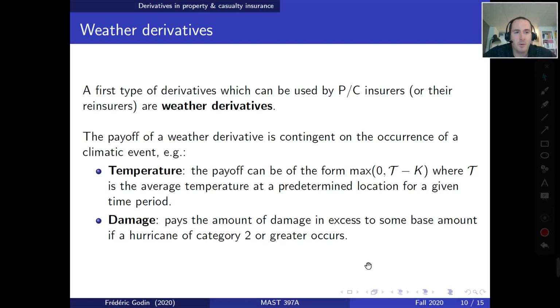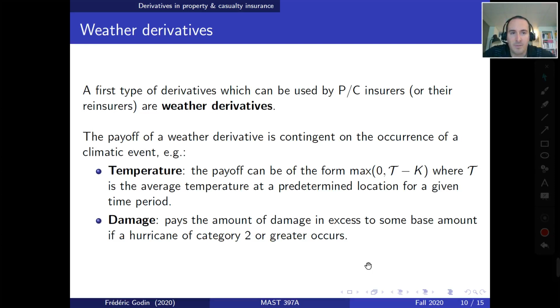Okay, so do property and casualty insurers use derivatives? The answer is yes, but not necessarily the same ones as the life insurers. We saw that for life insurers, the benefits were highly influenced by interest rates or equity, so equity and interest rate derivatives can be very relevant for them.